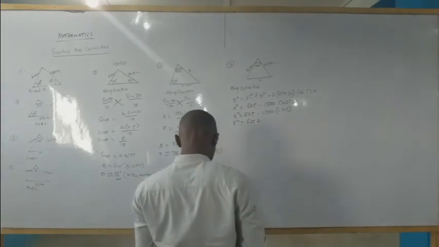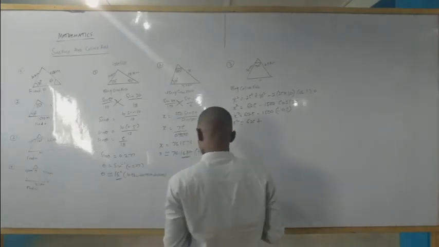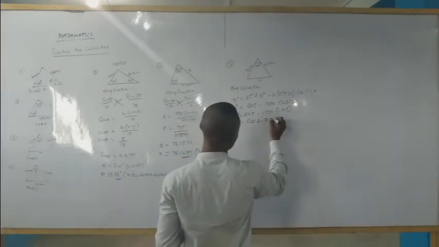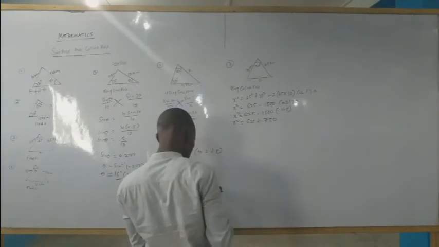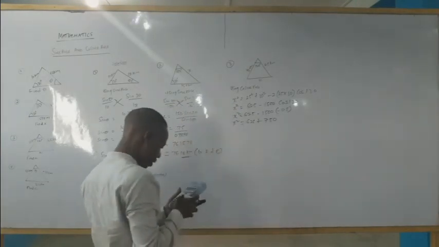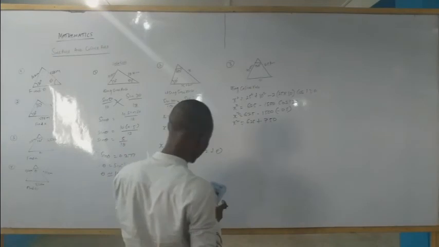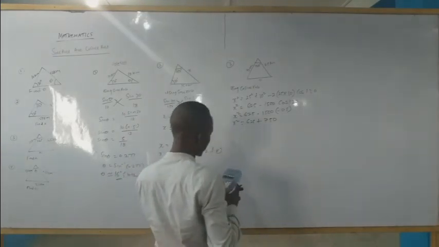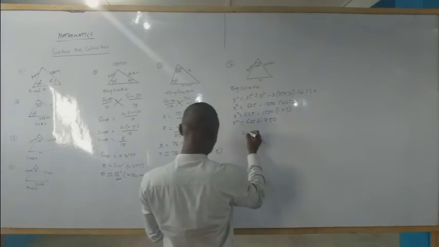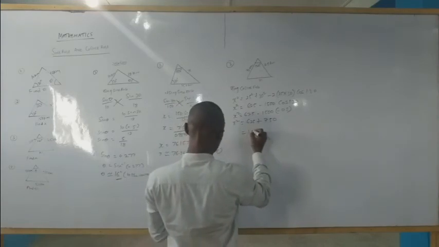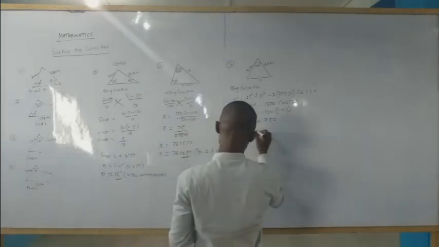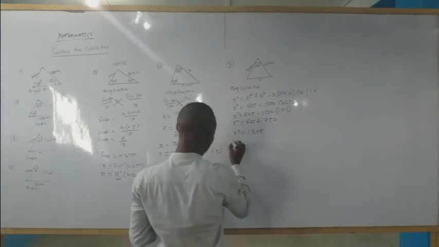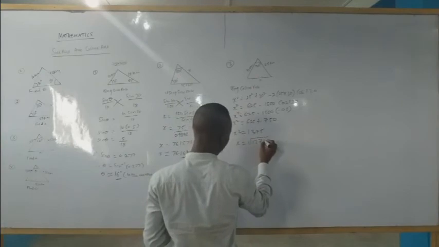So 750 plus 625, we have 1,375. s squared equals 1,375. So therefore our s is equal to the square root of 1,375.